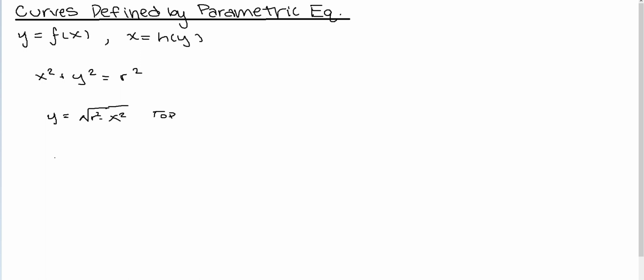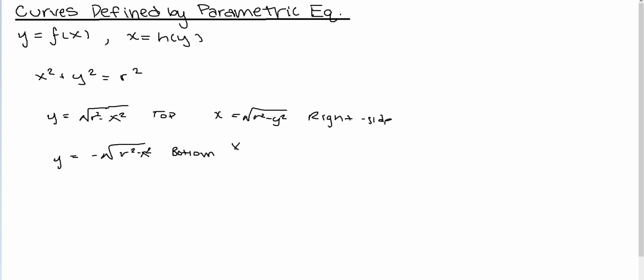But we could say y is equal to the negative square root of r squared minus x squared. Well, now this only gives us the bottom. And as you can probably assume, if we say x equals the square root of r squared minus y squared, this is only the right side, and the negative form of this would be the left side.